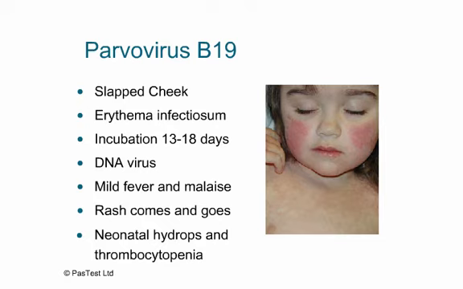If this is suggestive of infection, then the baby needs regular scanning to assess the possible development of hydrops. And if this is the case, intrauterine transfusion can be performed.